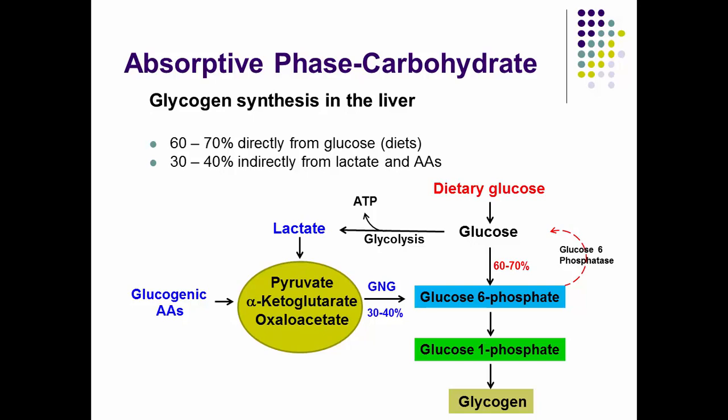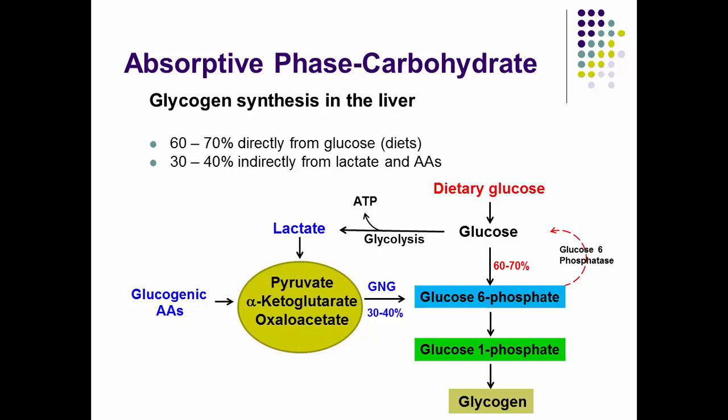This is the pathway for making glucose 6-phosphate, converted to glucose 1-phosphate, and glycogen. Also part of the glucose is partially oxidized to generate lactate, which can serve as a precursor for the gluconeogenesis pathway. Lactate is converted to pyruvate, enters the gluconeogenesis pathway, and again produces glucose 6-phosphate.